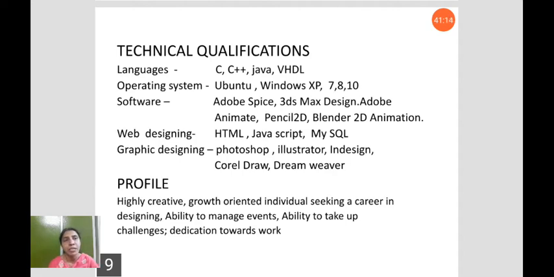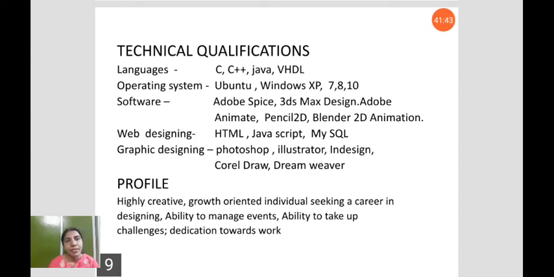So Adobe Spice and 3D Max Design, Adobe Animate. Animation was also asked. So Adobe Animate, Pencil 2D, Blender 2D animation. These are the technical skills possessed by the candidate for that particular graphic designer post.